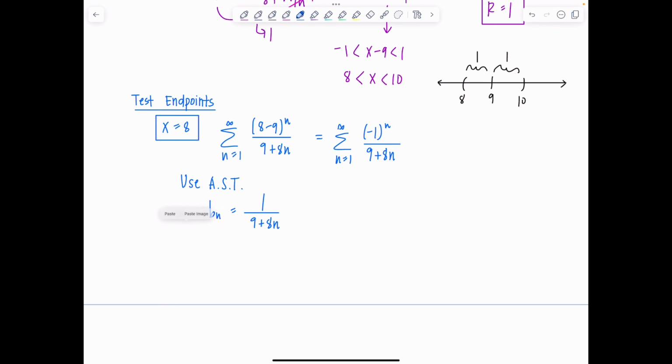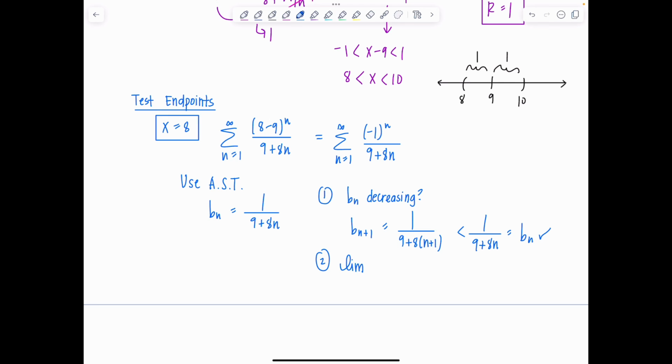Good. So I have to check, is Bn decreasing? So Bn plus 1, that's 1 over 9 plus 8 times (n plus 1). Oh yeah, that's for sure smaller than 1 over 9 plus 8n. So that's satisfied. And then the second thing I want to check is the limit as n goes to infinity of Bn equals 0.